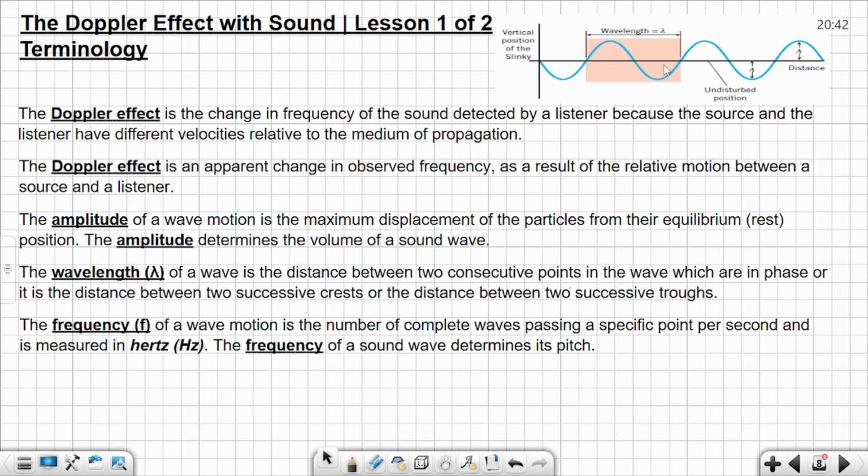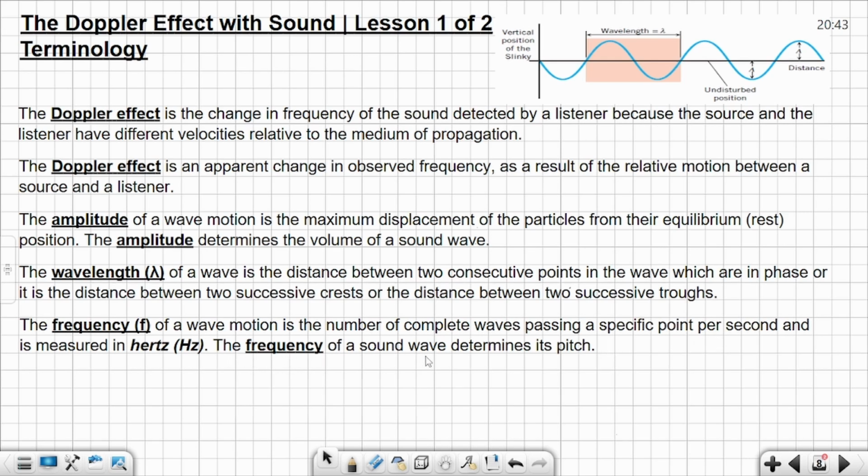You have that part and this one, this is a complete wave. So the number of complete waves per second will be your frequency. So let's say in 1 second you have 10 complete waves. The frequency will be 10 Hz. Or if you have 50 complete waves in 1 second, then the frequency will be 50 Hz.